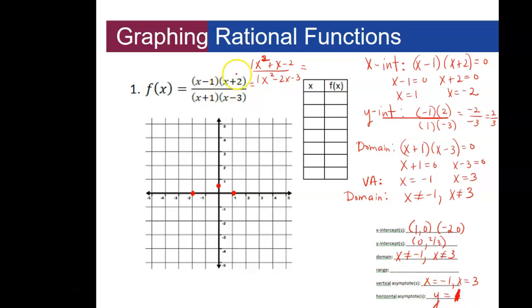It's the ratio of the leading coefficients. So I'm going to put a dotted line across here at 1. And I'm also going to put a dotted line to represent my vertical asymptotes at negative 1 and at positive 3.